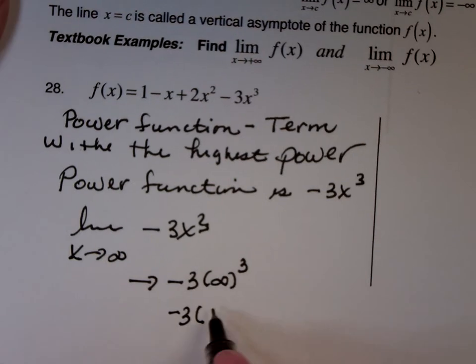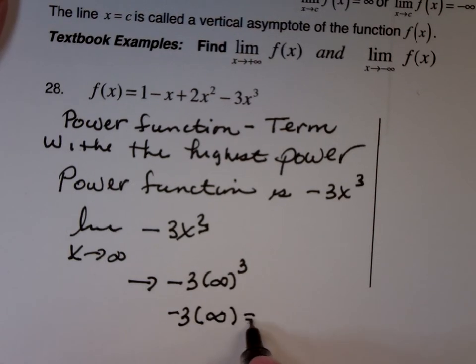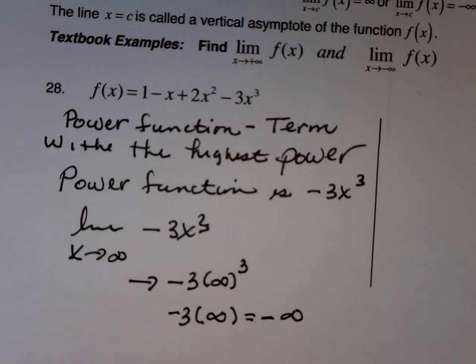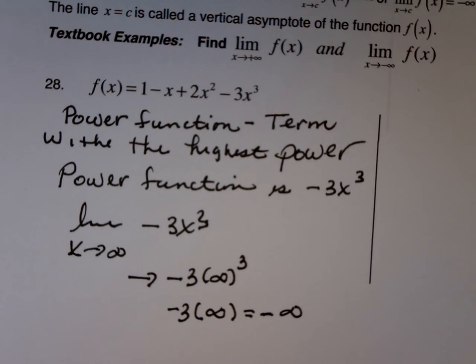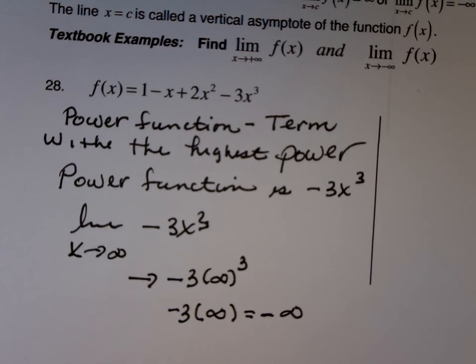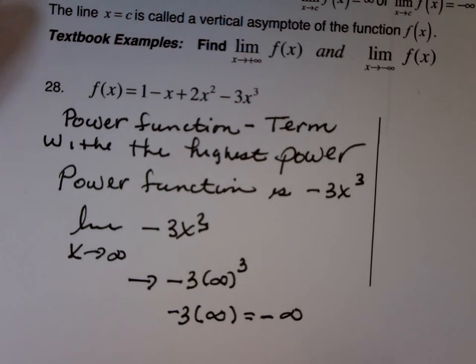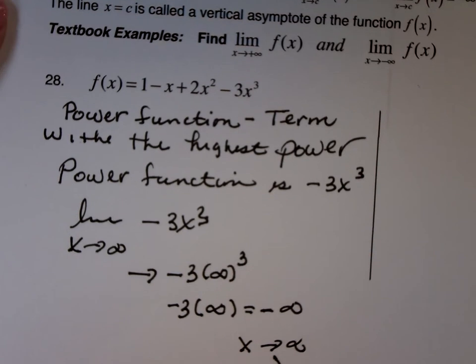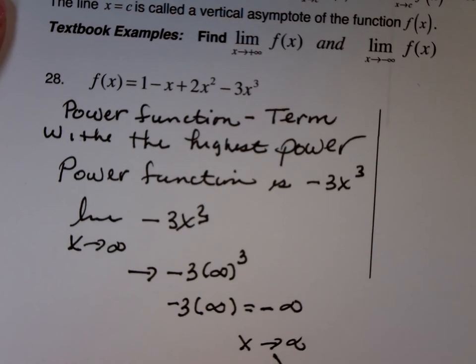Infinity. Negative 3 times infinity cubed is going to take it to negative infinity. Infinity just says very big, not a number. So what that says is, as x goes to infinity, y is going down to negative infinity.